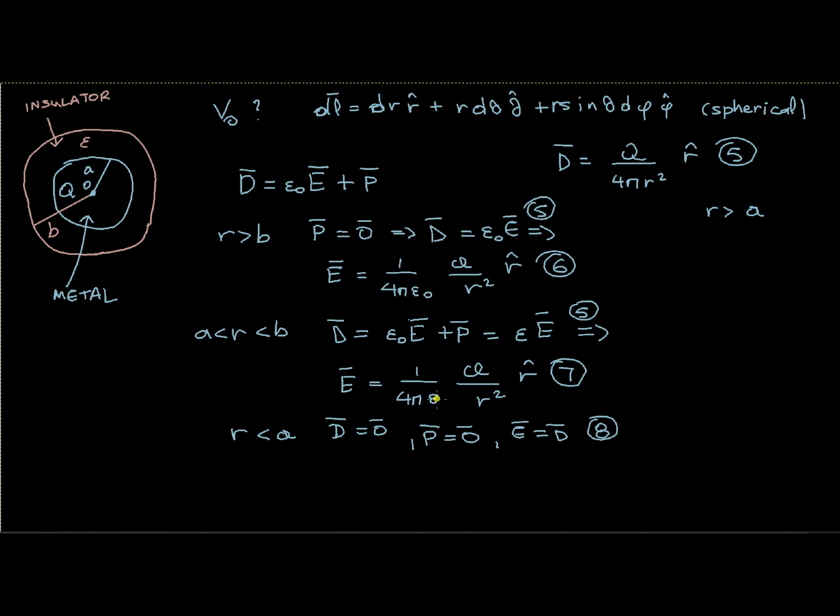It is 1 over 4 pi epsilon q over r squared r hat when you are inside the insulator, and it is 1 over 4 pi epsilon naught q over r squared r hat, exactly the same as if you had the point charge at the center of the sphere and you were using Coulomb's law to find the electric field. So I have the electric field. Now I can do the path integral to go from infinity to the center of the sphere in order to find the potential there. And this is how I will proceed.